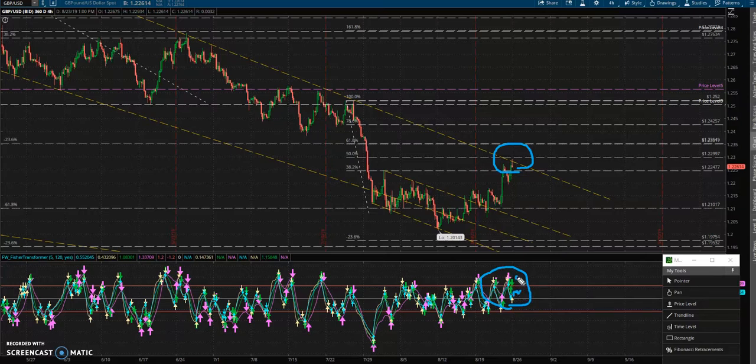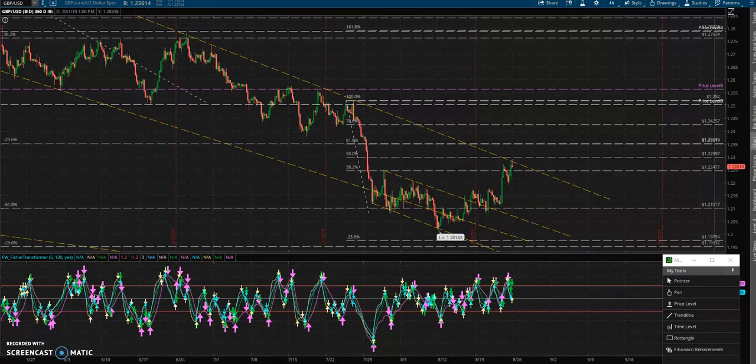Now, if it was up here, that might be a nice selling opportunity for the week, or for a day, depending. If it breaks above, I might be making it up to this region and maybe having a nice little short sell at that level.